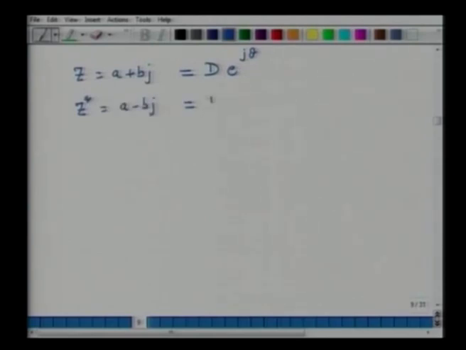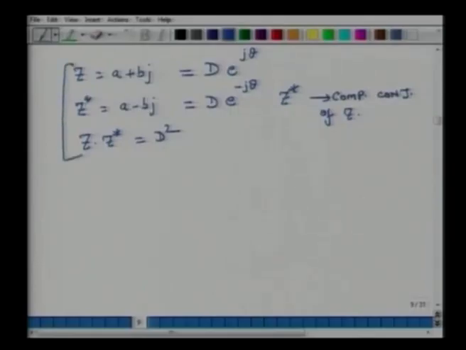I can express the same thing as d e^(-j theta). So z star is the complex conjugate of z. This is our definition. So the complex conjugate of z, which is a plus bj, is a minus bj. A property of this is that z times z star equals d square, which is the magnitude squared.